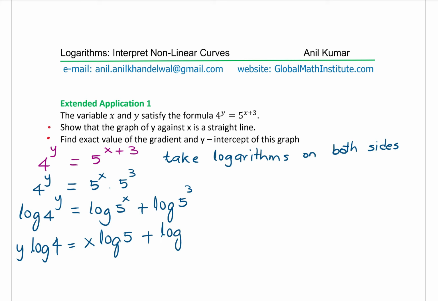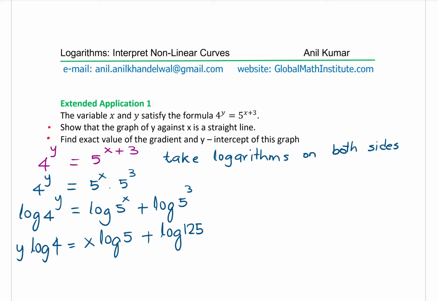You could write 125 if you want to, or you can write log of 5 cubed. So let's write 125, which is 5 cubed: 5 times 5 is 25, times 5.